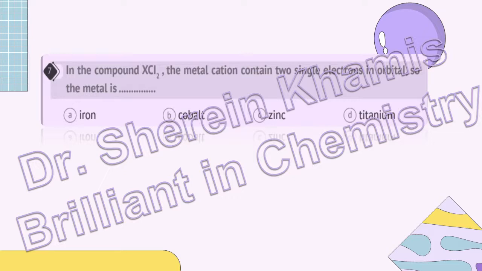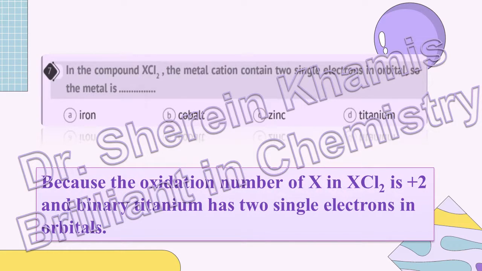If we put the element in the compound XCl2, its oxidation number will be +2, right? Yes. The oxidation number of X in XCl2 is +2. So divalent titanium has 2 single electrons in its outer orbital. So the right answer will be letter D.